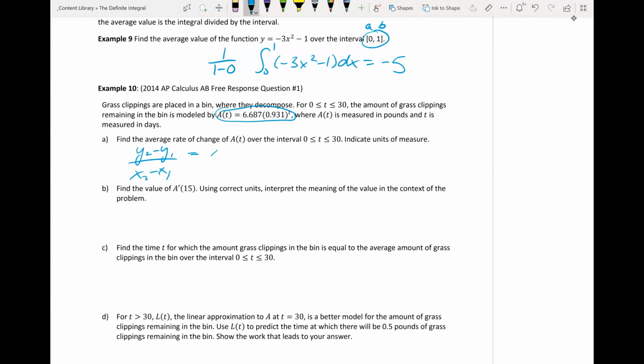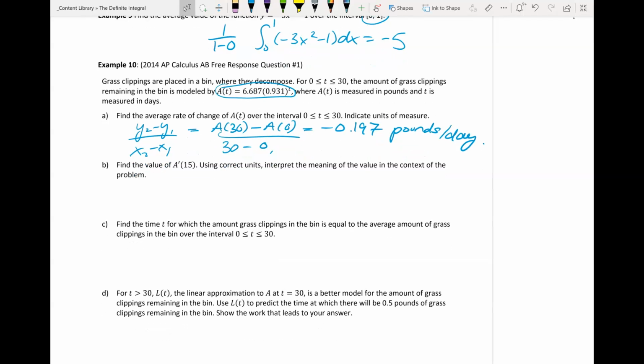So in this case, we're finding A of 30 minus A of 0 over 30 minus 0. You can do that calculation in your calculator. It should be negative 0.197 pounds per day, because A of t is in pounds and the bottom is days.